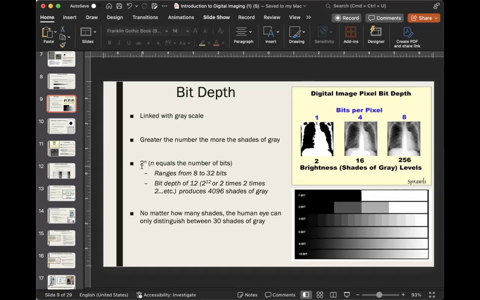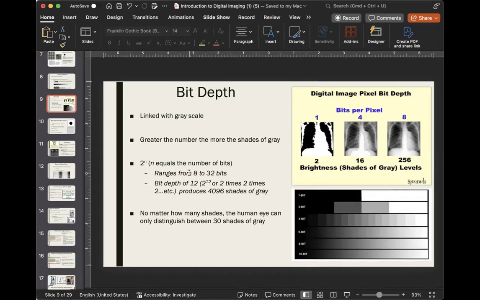So the way we can compute this is by this equation, 2^n, where n equals the number of bits, okay? And so that n number can range anywhere from 1 to whatever number. Typically in a digital imaging system, we see 8 to 32 bits, okay?